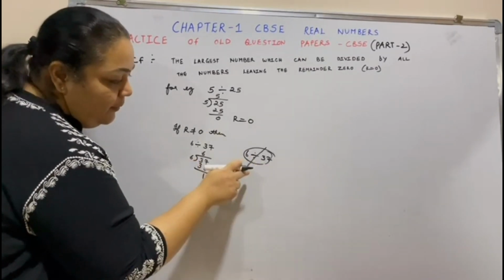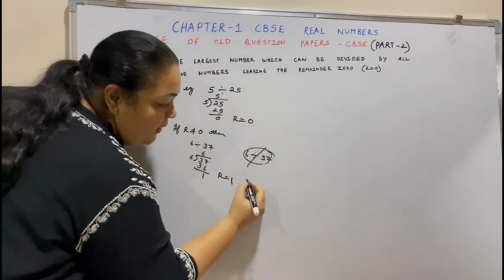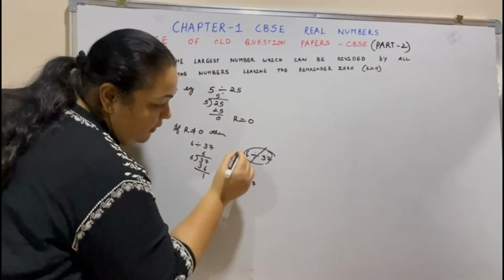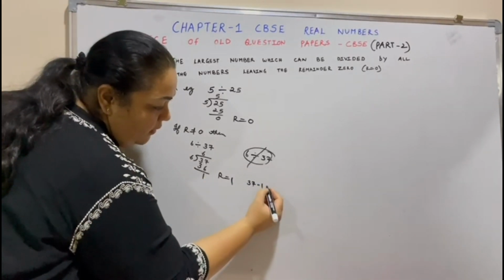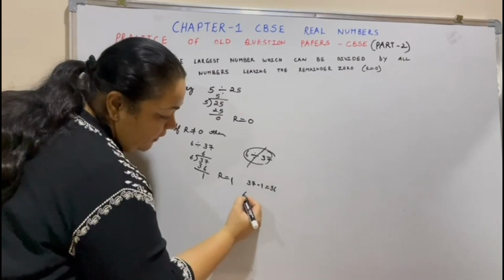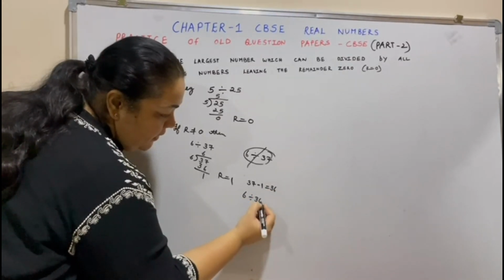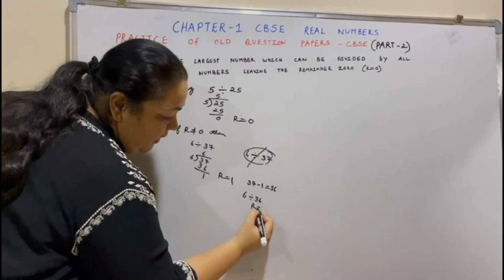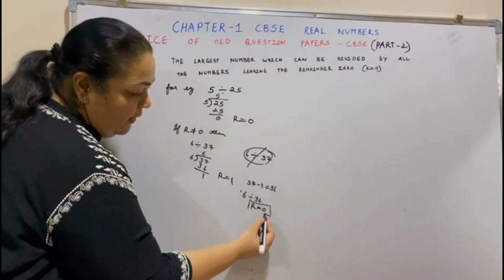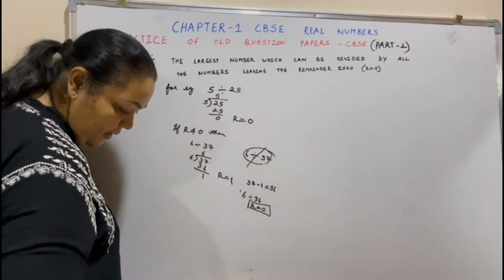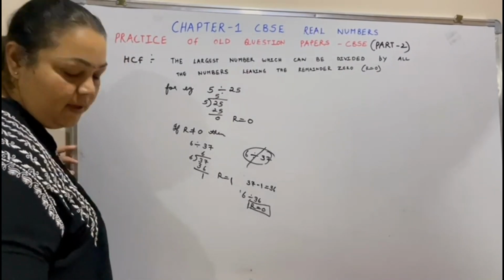So what number can we subtract from 37 so that 6 can completely divide it? 37 minus 1 will be 36. So we can say 36 divided by 6, and here R will be equal to 0. The remainder will be 0 when it divides completely. We will see some examples next.